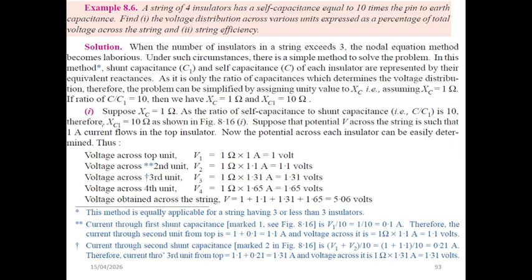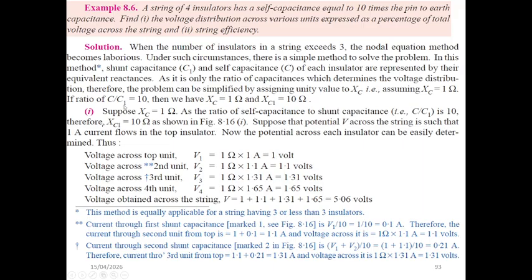The key point of the problem is that each insulator has a self-capacitance that is 10 times the shunt capacitance, meaning that K is equal to 10, C divided by C1.